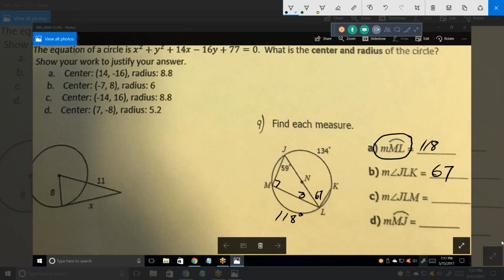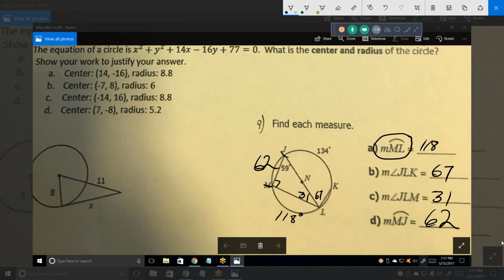So that's 31. And then finally the measurement of JM is what? That is 62. And that's it.